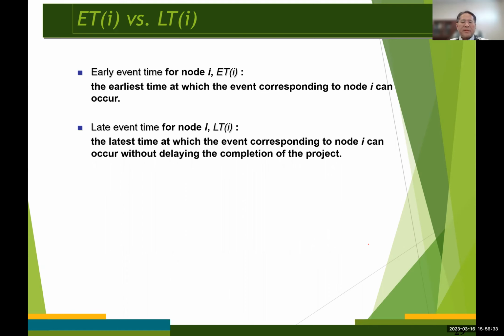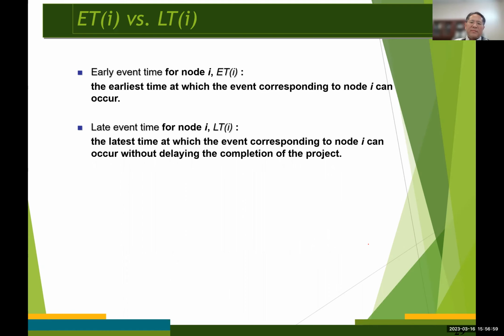They are the concepts of the ET, earliest event time, or earliest time, for a certain node I, and that is represented by ET sub I. That is the earliest time at which the event corresponding to node number I can occur.